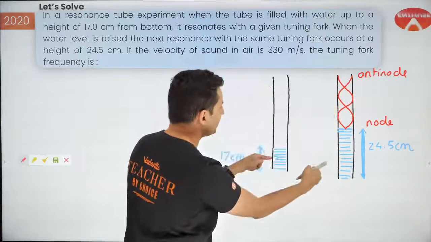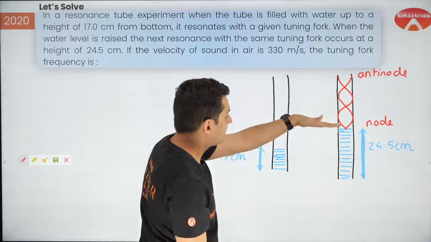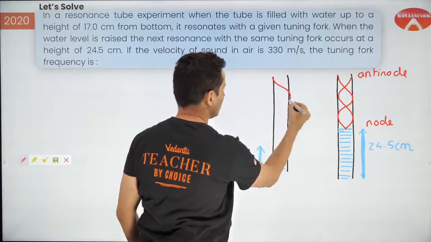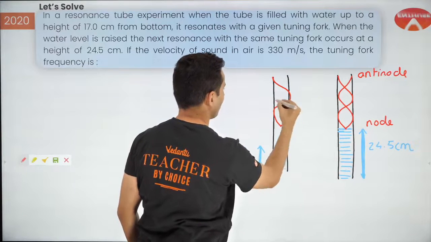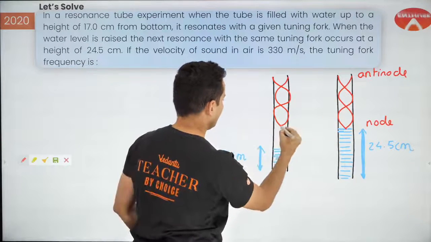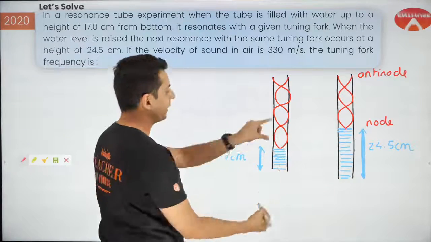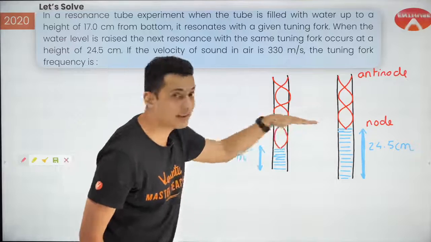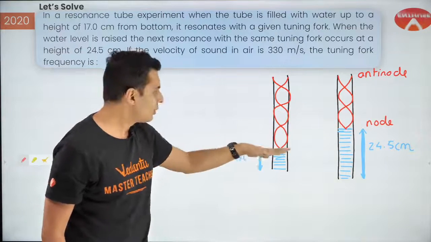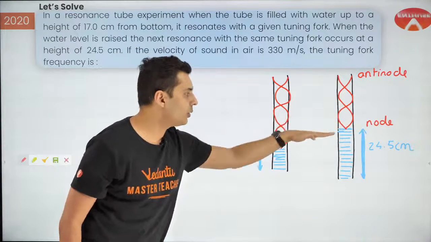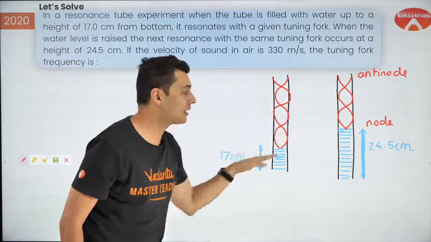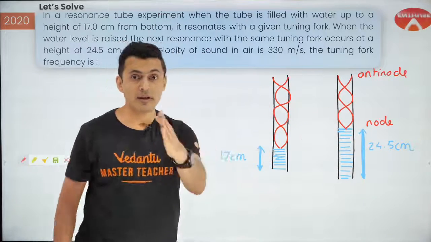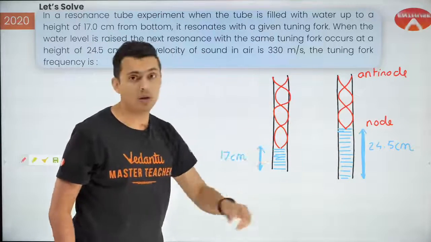Because this was the next immediate resonance, there will be exactly one more lobe over here. So at 17 centimeters and at 24.5 centimeters when water was filled, you got the two successive resonances. You heard two loud sounds. The tuning fork resonated with this column.